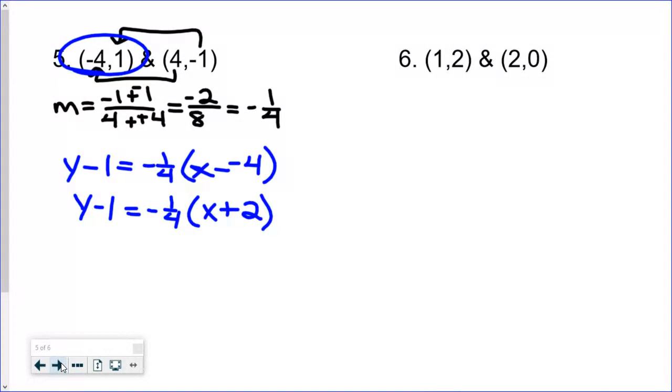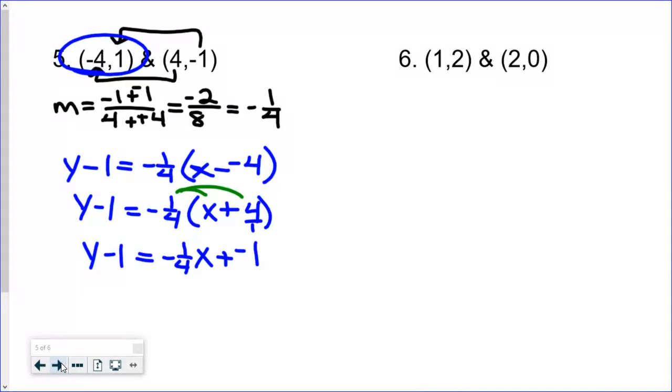Now, I know this looks a little hinky because you have a fraction, but I think you can do it. So we still have that y minus 1. Now we have 1/4 times x and 1/4 times, oops, I don't know why I wrote a 2 there because there's actually a 4 in my problem. So a negative 1/4 times a positive 4/1 gives me a negative 1.